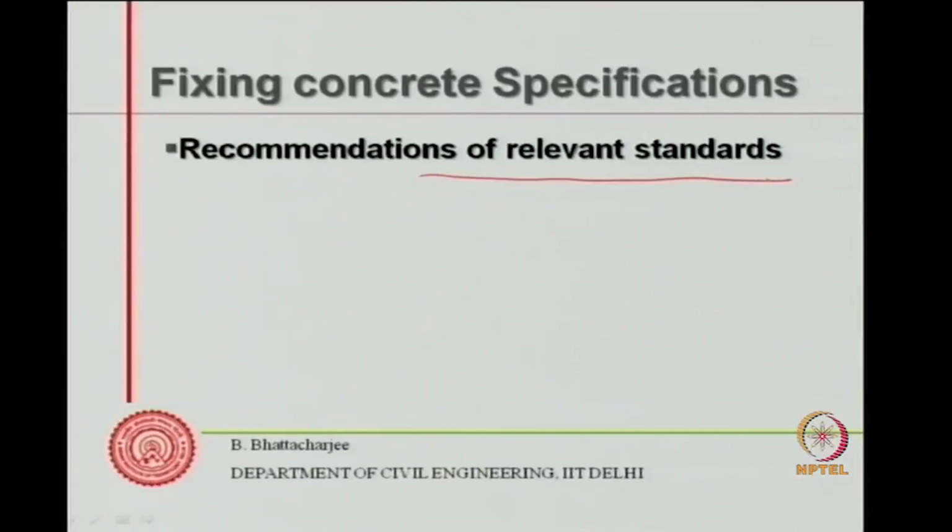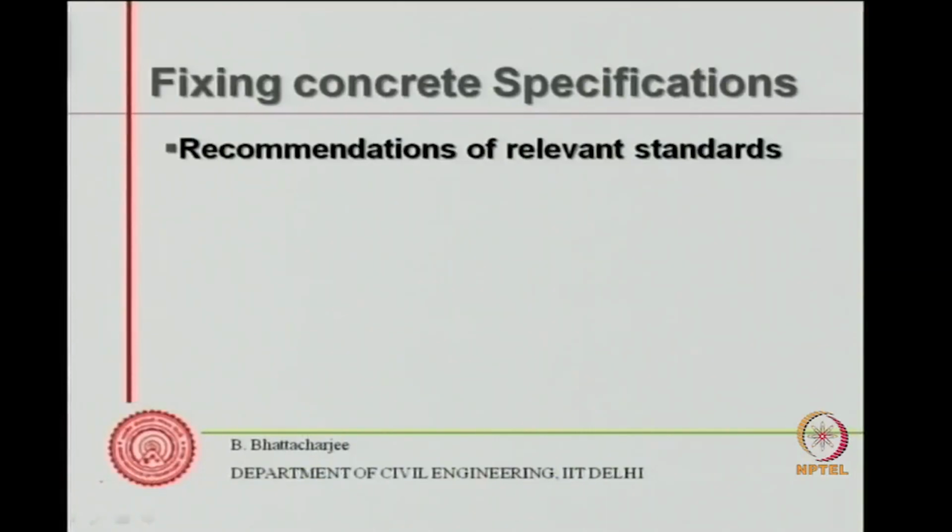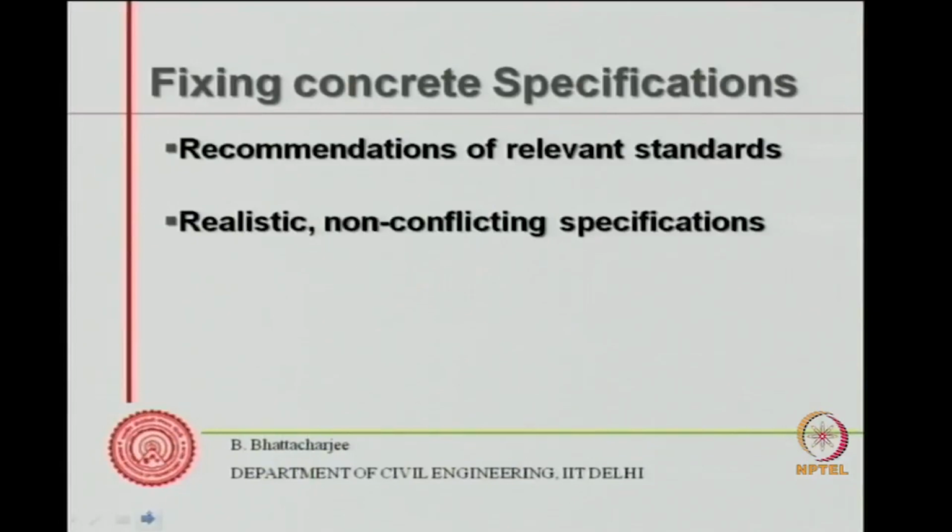In India, of course, mostly we do it based on IS 456-2000. At the moment, we do it with respect to this. In any other country, they will have their corresponding standards, and accordingly it will be selected. Now these specifications must be realistic. What is achievable?